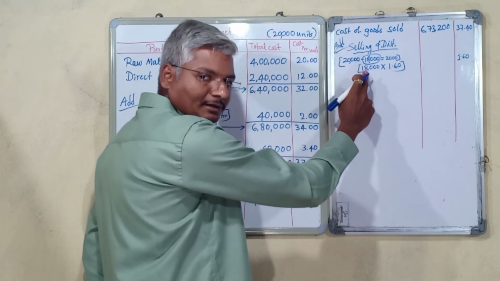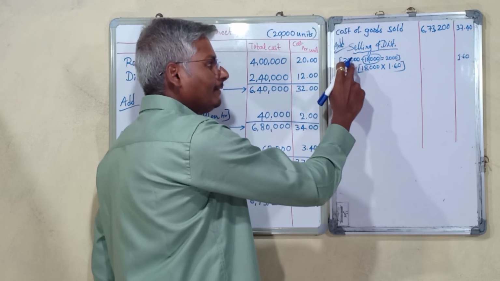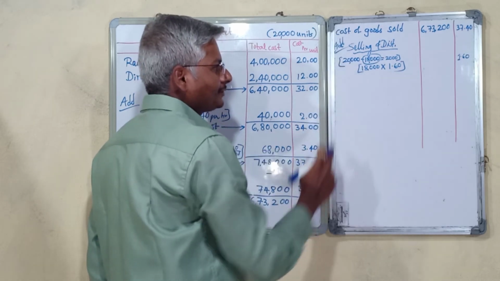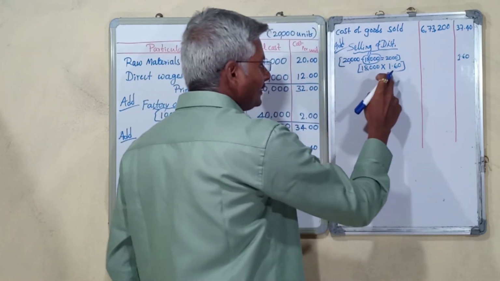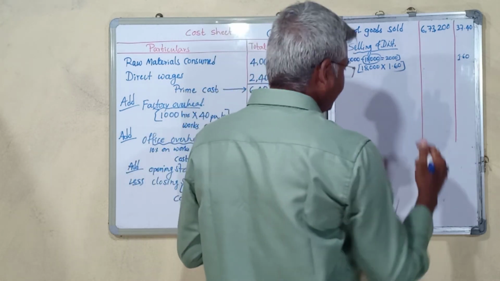We have only sold 18,000 units out of 20,000 produced. So based on 18,000 we charge 1 rupee 60 paisa.